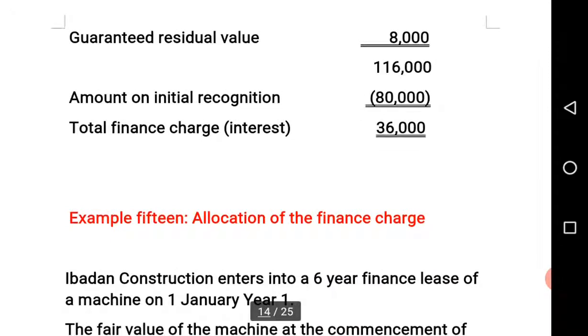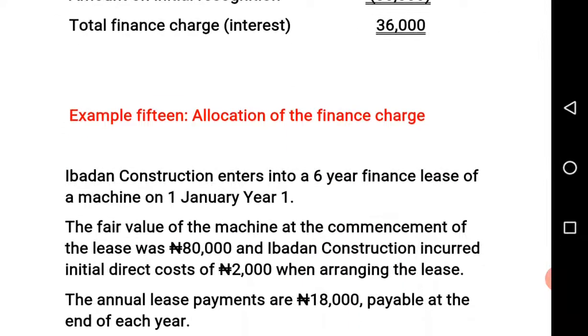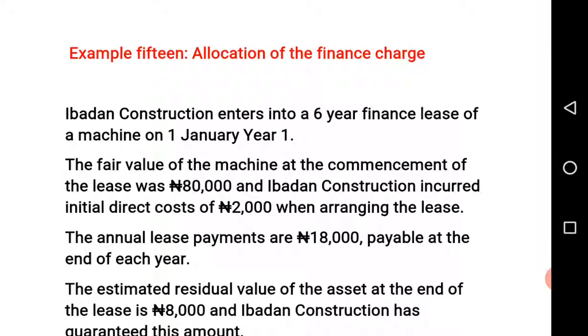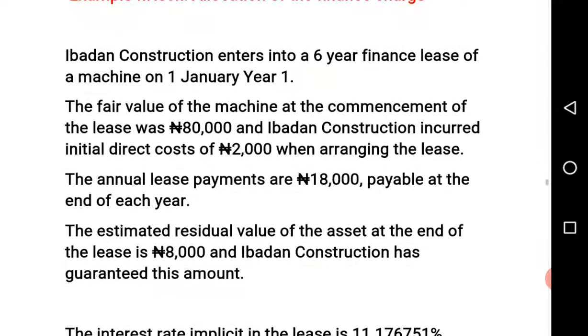Then we move over to example 15, allocation of finance charge. The same question. Ibadan Construction Company enters into a 6-year finance lease of a machine on 1st January year 1. The fair value of the machine at commencement of the lease was 80,000, and Ibadan Construction incurred initial direct costs of 2,000 when arranging the lease. The annual lease payments are 18,000 payable at the end of each year.